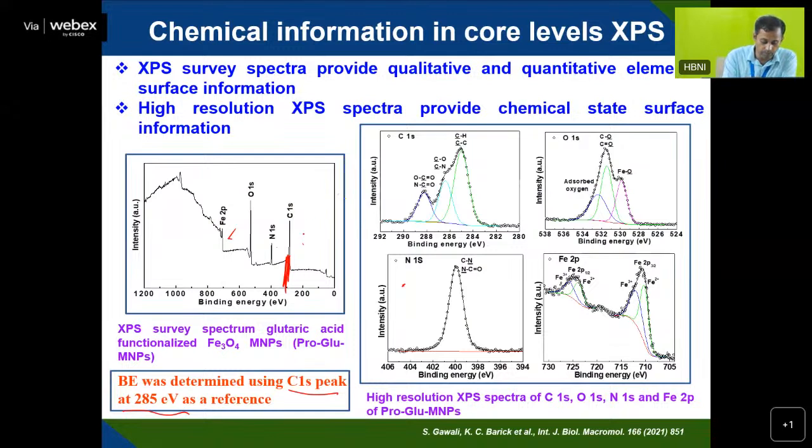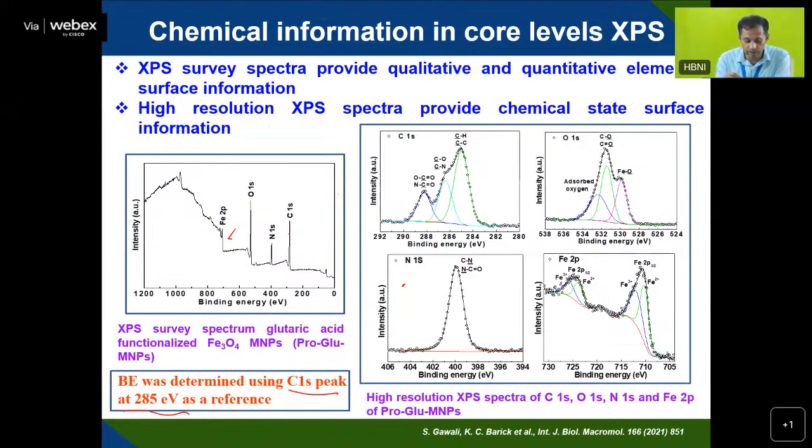If it is in this direction, you have to add; if it is on this side, you have to subtract that binding energy so that it comes to this particular position. Once carbon 1s is fixed, then you can interpret all the data.